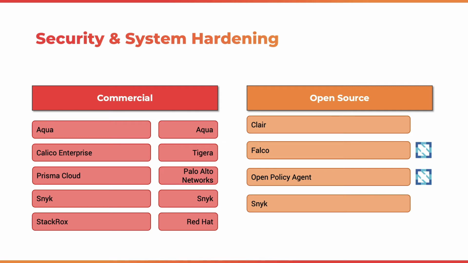Open Policy Agent is also available as a commercial implementation. You can check it out, and the company that does that is Styra. Most of the open source projects are commercially available through professional services and support, but this is the landscape of security and system hardening.